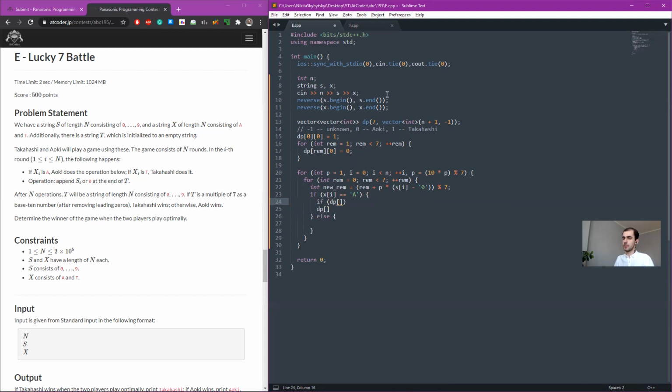MDP remainder. I is equal to 0. It's also equal to 0, right? If he moves the game into this situation, then he wins and he is good.